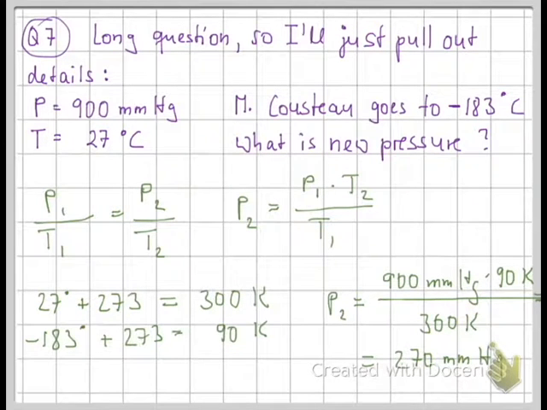Let me check. Maybe I am going to try to be fairly consistent with significant figures.